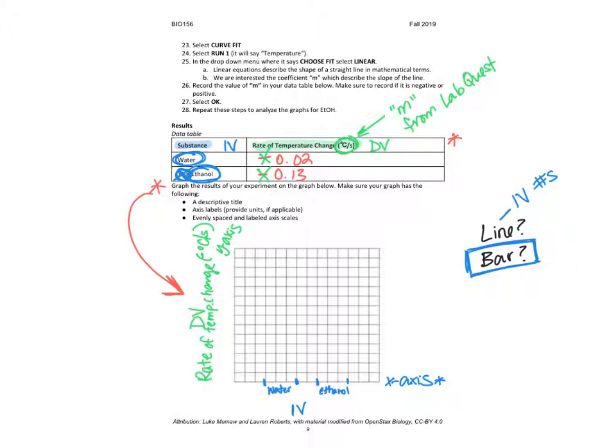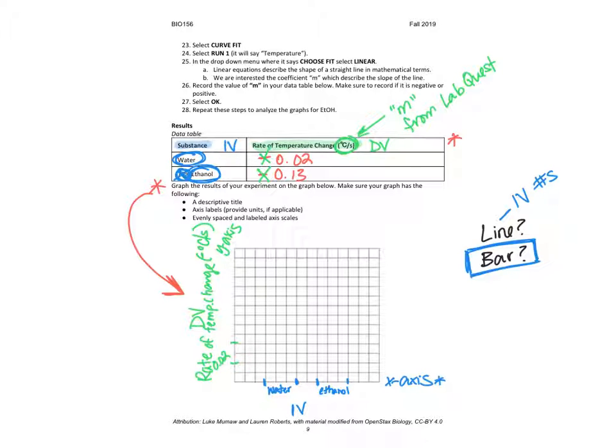In this case, for the dependent variable, once again, we want to keep the scale on the y-axis consistent. So we went up by 0.1 before, but I'm actually going to go up by 0.01 on this one, and I'm only going to label every other one.